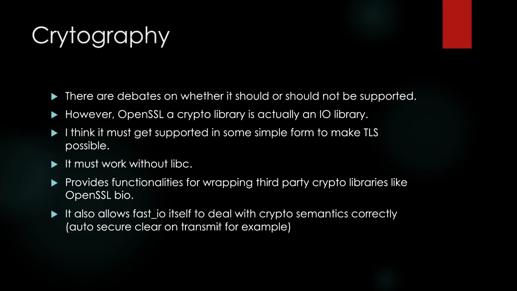It also allows FastIO itself to deal with crypto semantics correctly, like auto secure clear on transmit, for example. When you transmit some data, you want to clean the buffer, and you don't want to leak information through side channels. Basically, you have to ensure the entire call chain doesn't have these problems, so that we can deal with it from a high level perspective.